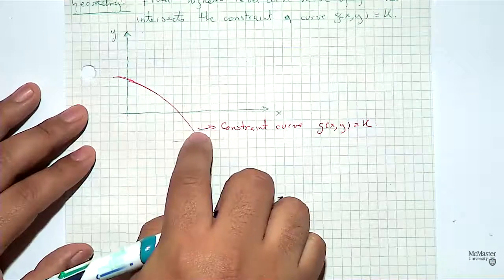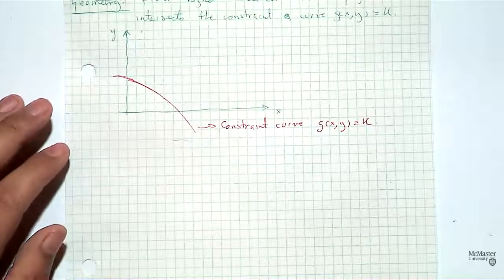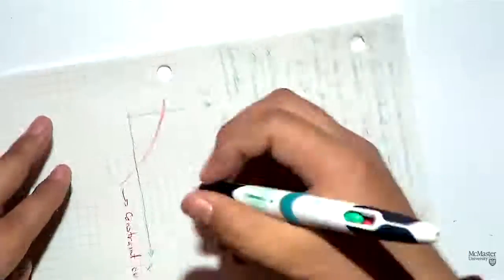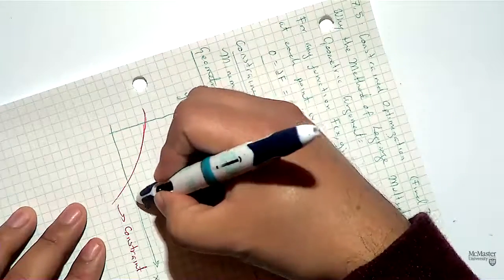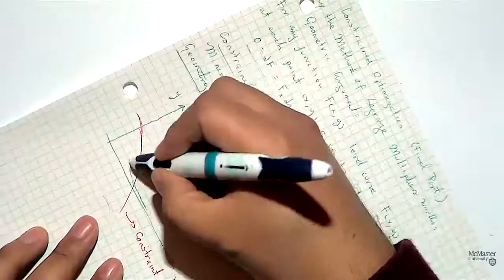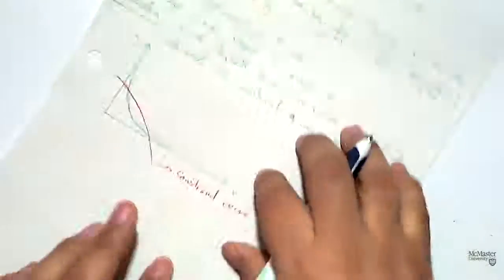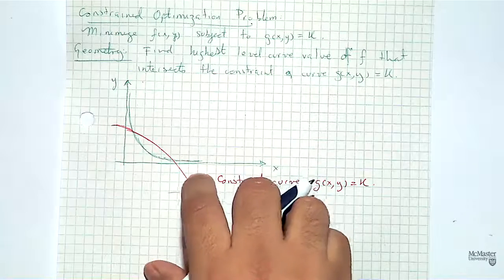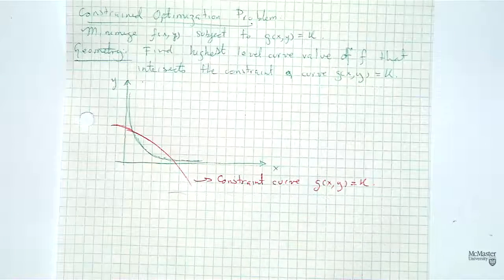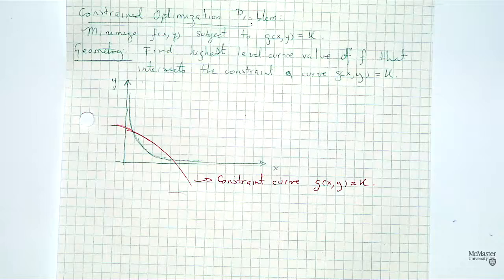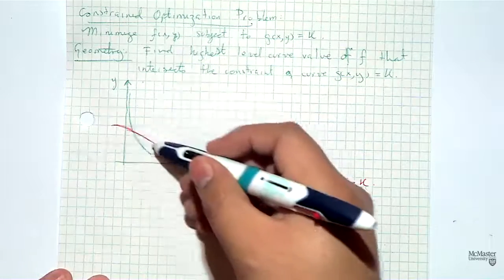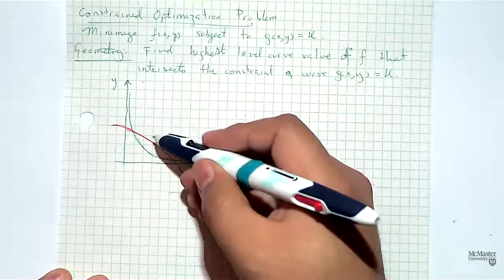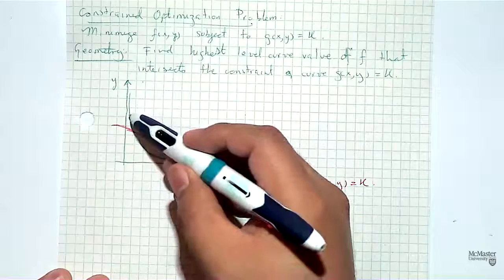This is the equation of the constraint. And then you consider the level curves of f. For example, one level curve, similar to the optimization problems that you saw before, could be this. It's a curve and it has a given value. But of course, I want to maximize f under the constraint, meaning that I want to find, along the points that satisfy the constraint, the point which has the biggest value of f.